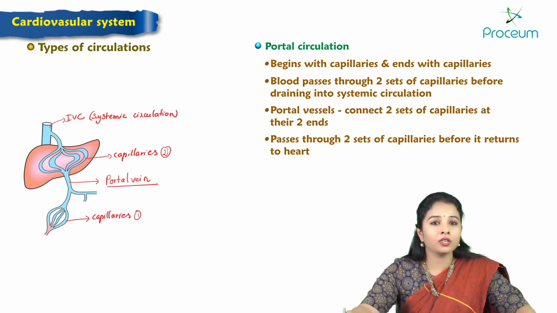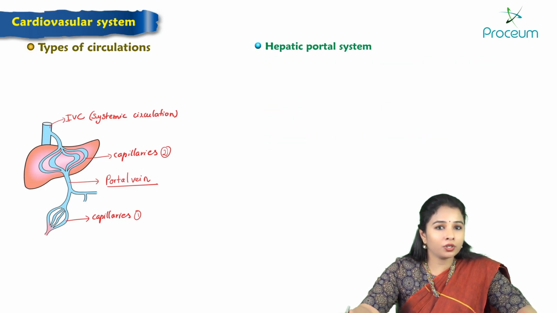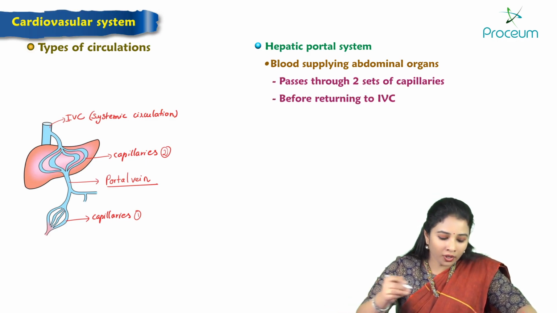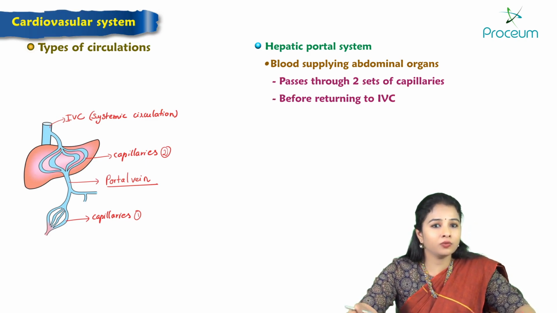So talking about hepatic portal system, the blood supplying the abdominal organs passes through the two sets of capillaries before it returns to inferior vena cava, that is venous blood.